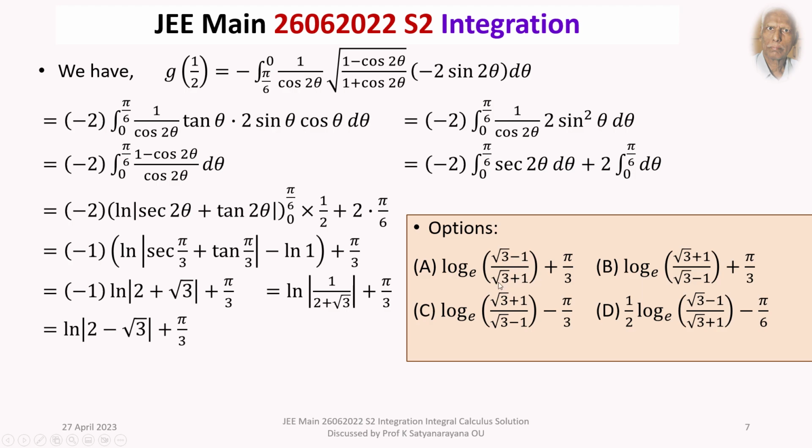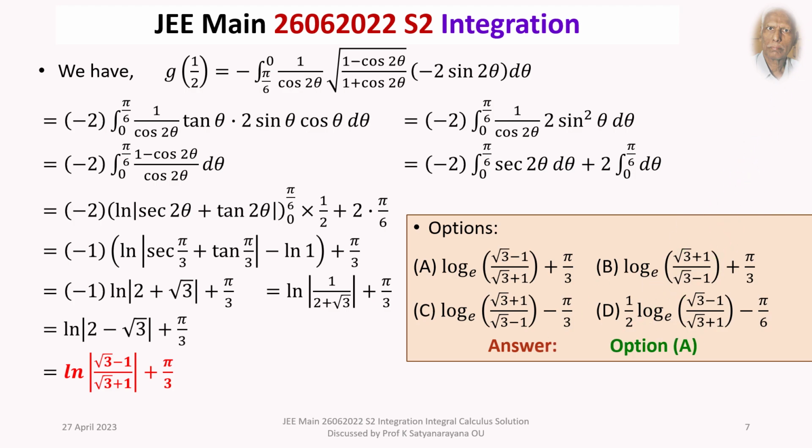So when multiplied in the denominator, root 3 minus 1 into root 3 plus 1 is 3 minus 1, that is equal to 2. And the numerator is root 3 minus 1 whole square. Root 3 minus 1 whole square by 2 is 2 minus root 3. So this is equal to ln of mod of root 3 minus 1 by root 3 plus 1 plus pi by 3. And this answer appears against option A. Agreed? Therefore, our answer is option A.